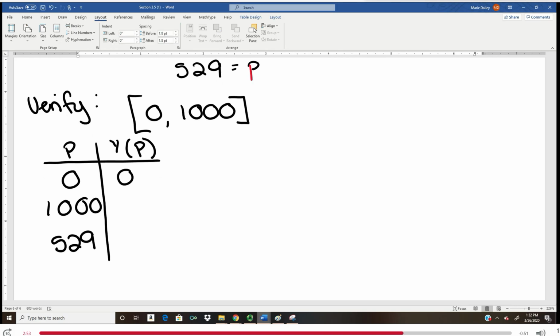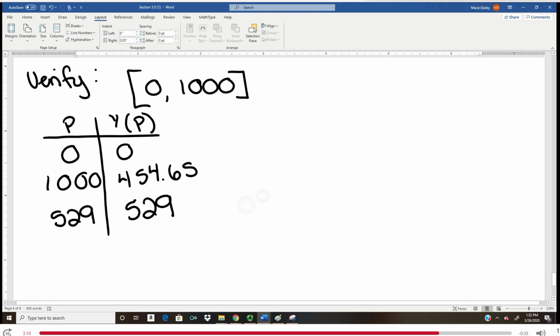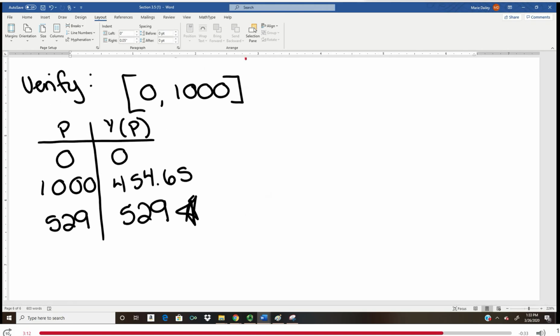At 1,000, that is 554.65. And at 529, that comes out to be, interestingly, 529. As you can then see here, this is in fact going to be our max. All right, so we verified it.